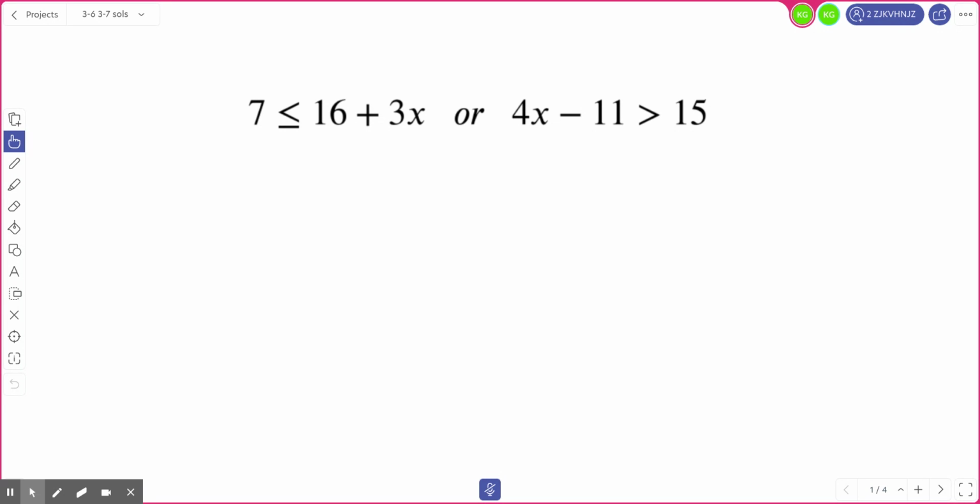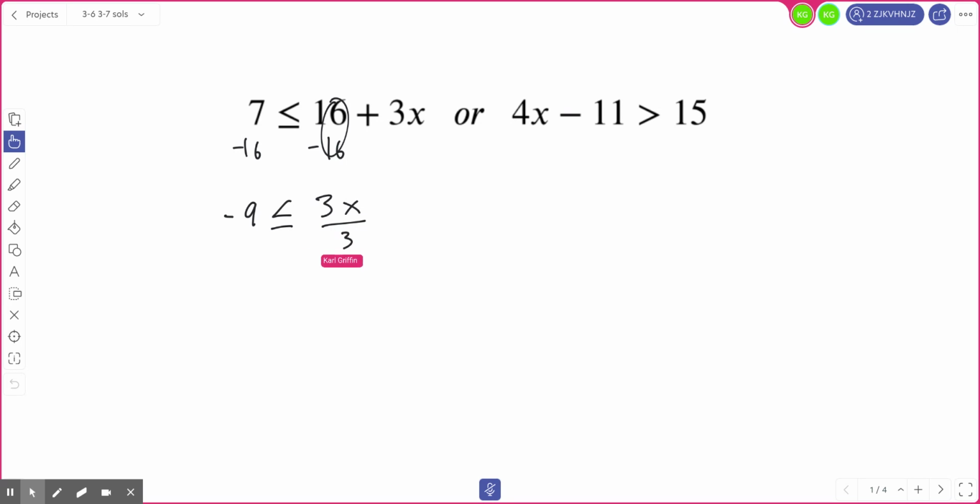So on the left side here, we're going to go minus 16 on both sides. And that's 0. And 7 minus 16 is negative 9, is less than or equal to, and on the right side we just have 3x.